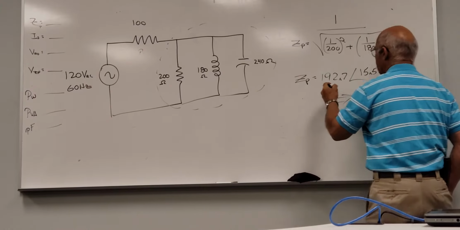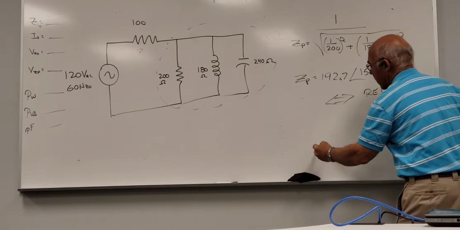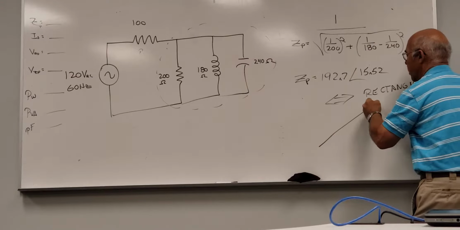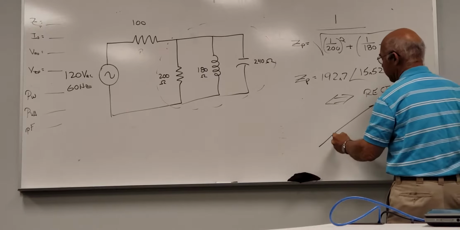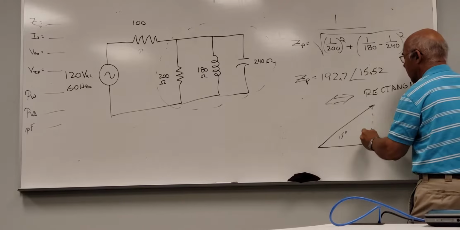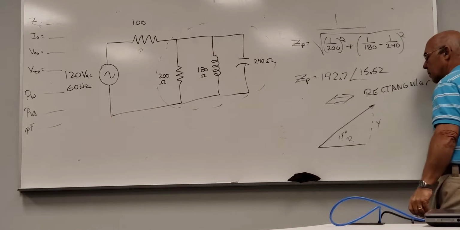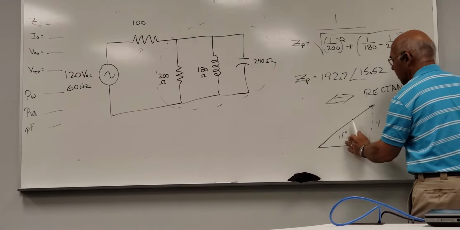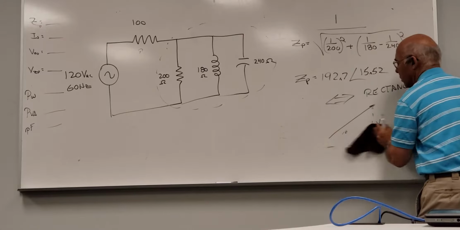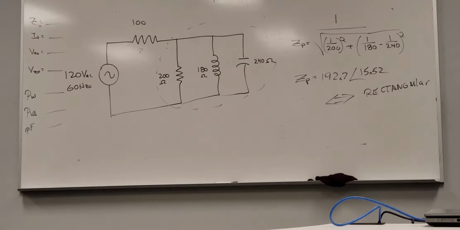So, let your calculator do your work, or you can draw it out. Here the impedance is 192.7 at 15 degrees. You can break that into the R and the Y, or the X and the Y. Or let your calculator do it.